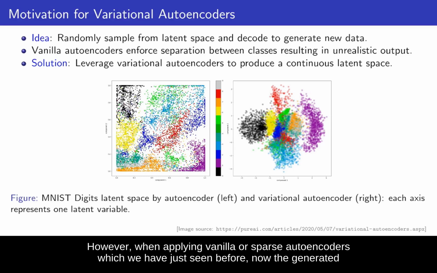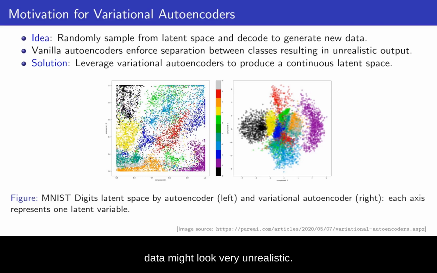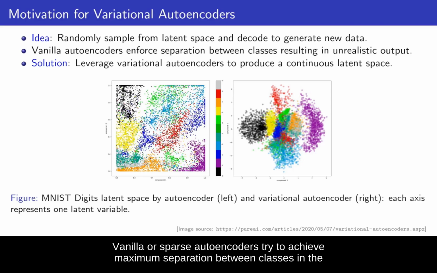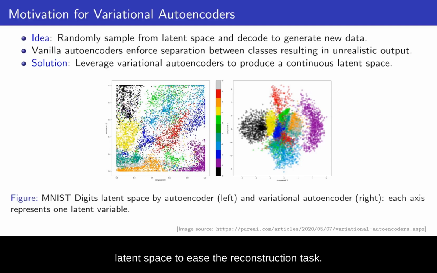However, when applying vanilla or sparse autoencoders, which we have just seen before, the generated data might look very unrealistic. Vanilla or sparse autoencoders try to achieve maximum separation between classes in the latent space to ease the reconstruction task.